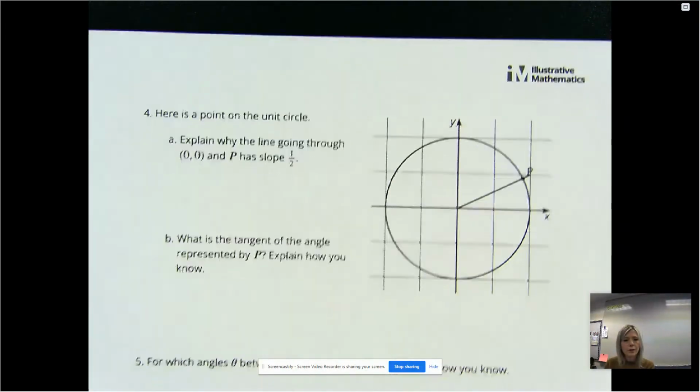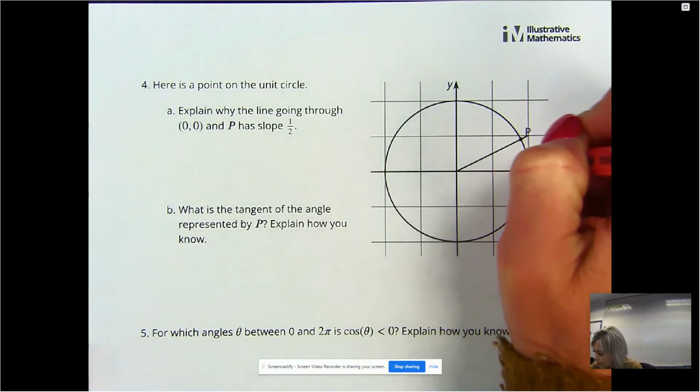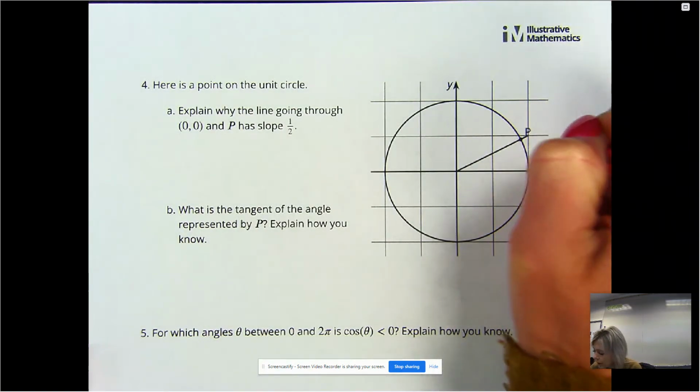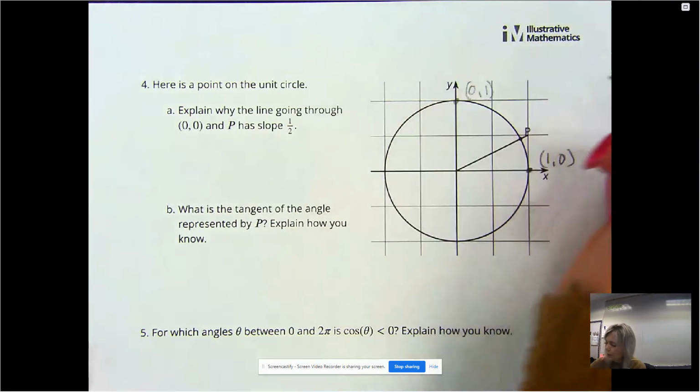Okay, number 4. Here's a point on the unit circle. Explain why the line going through 0, 0 and P has a slope of 1/2. So if this is the unit circle, then right out here is 1, 0, right? Up here is 0, 1.